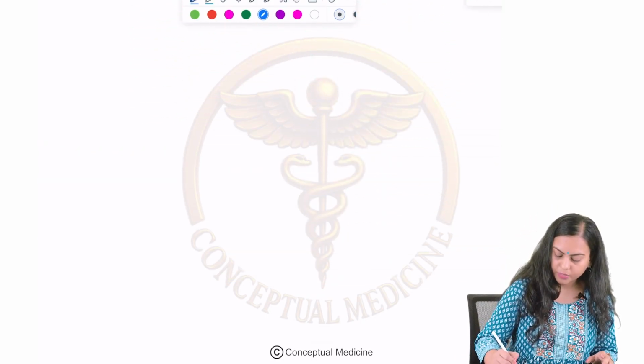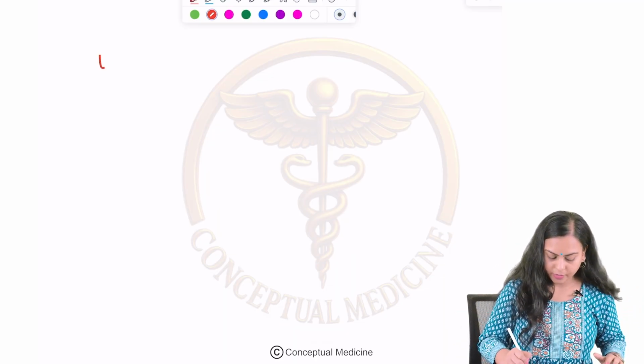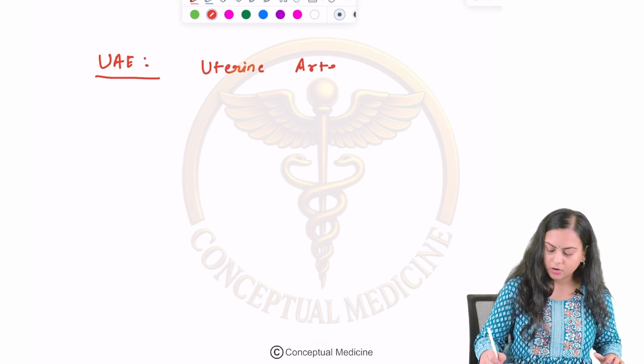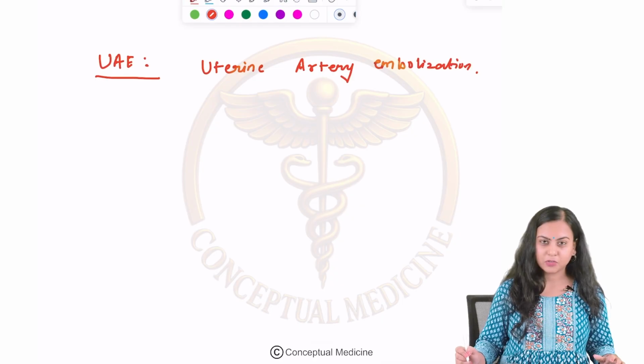Now, apart from this technique, you can also go for something called UAE. Okay, that is uterine artery embolization. Okay.